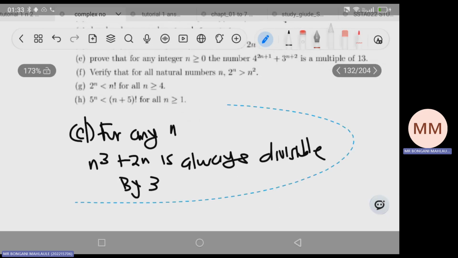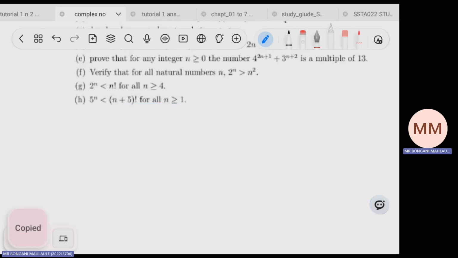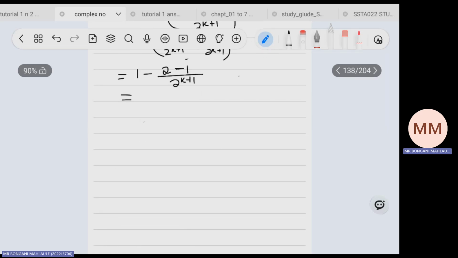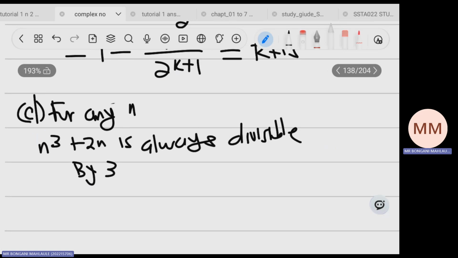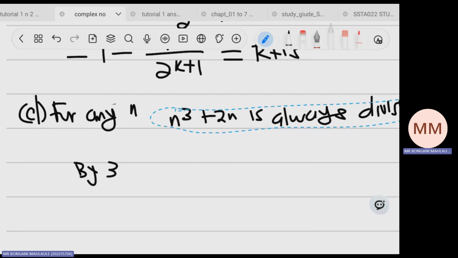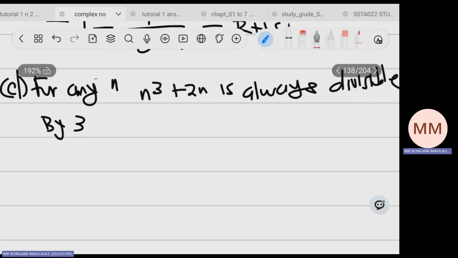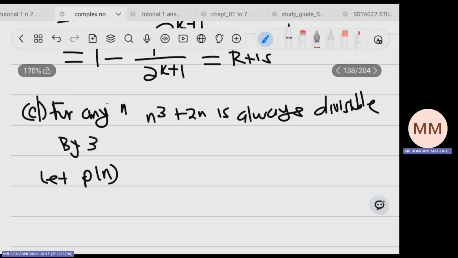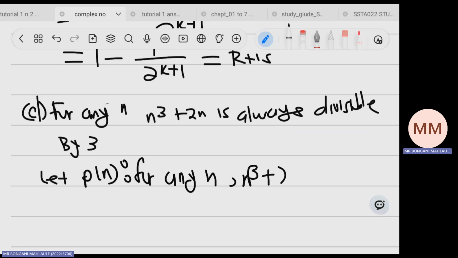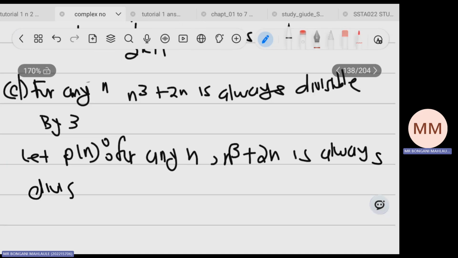So I'm going to start by saying let P of n be the statement that n cubed plus 2n is always divisible by 3.